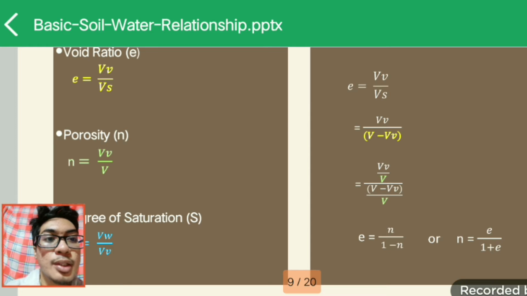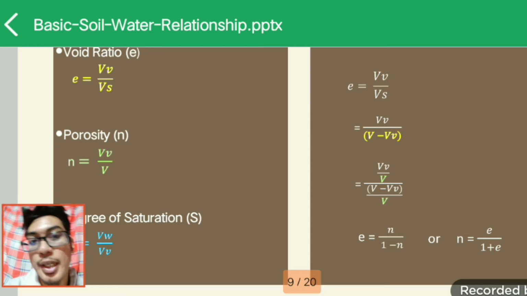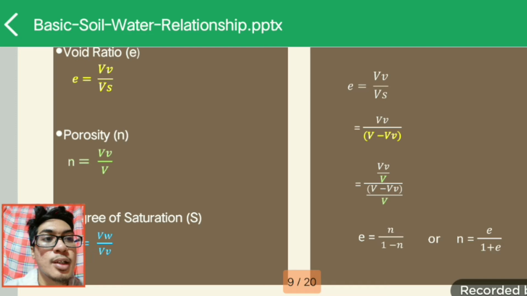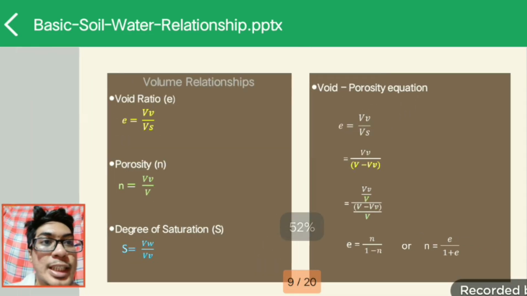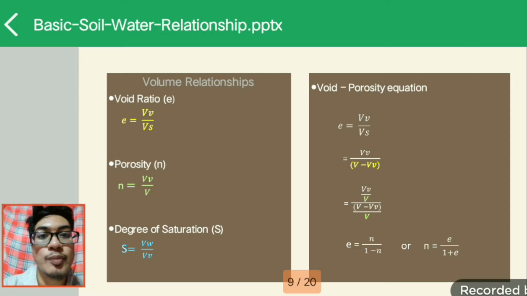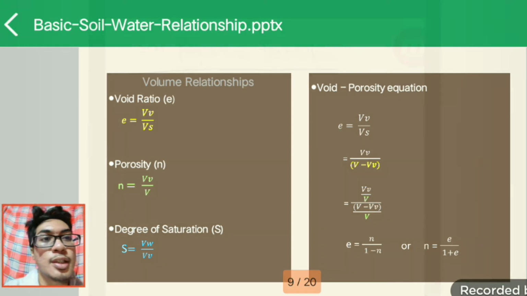So you're going to have void ratio in terms of porosity equal to porosity over 1 minus porosity. Or if you rearrange that, isolating porosity, you get void ratio over 1 plus void ratio. So these are the first relationships you have in terms of soil and water: void ratio, porosity, and degree of saturation.